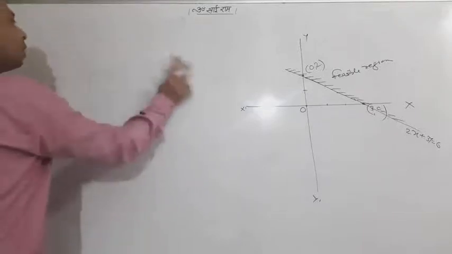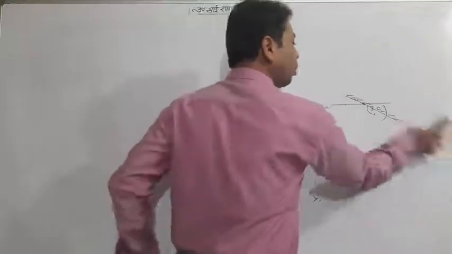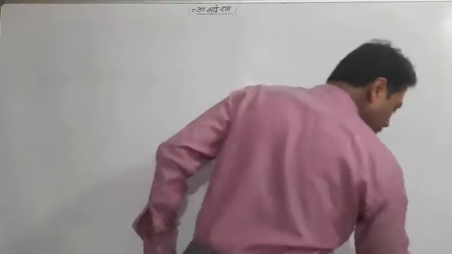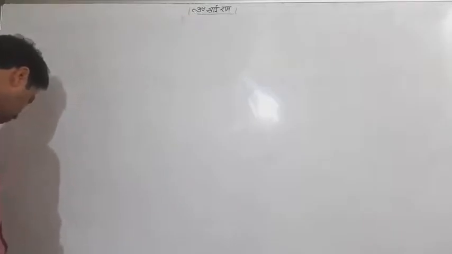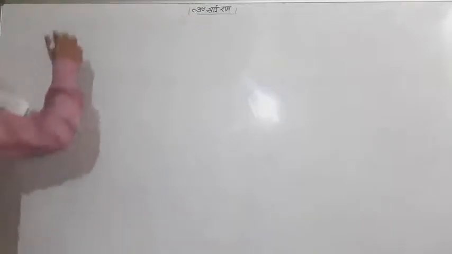So let's look at how we can find the minimum or maximum value of z, meaning of an objective function, and we can take one example so that you can understand what we are going to do.